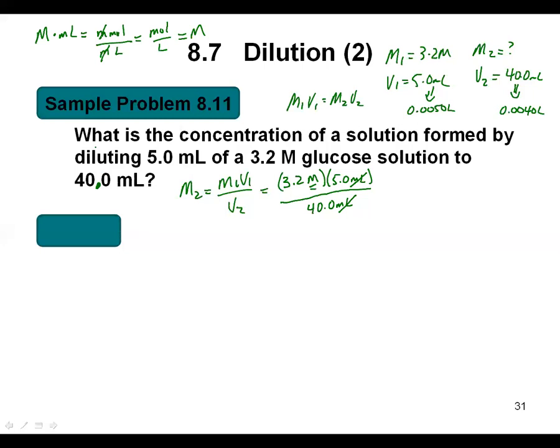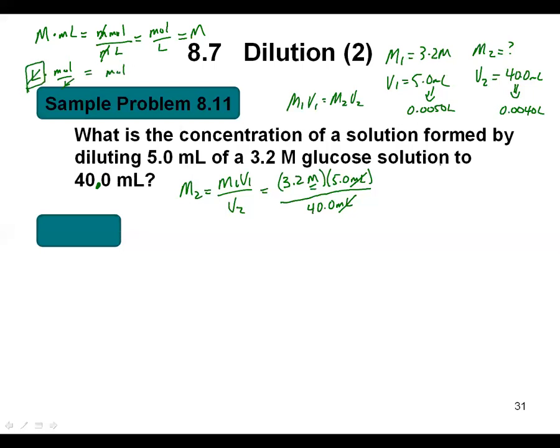You will get the same answer. It's all good either way. But just to be clear, if you're using molarity by itself and you're not doing a dilution problem, you do need to convert to liters. If you're taking liters times the molarity to figure out moles, you do need to convert to liters for sure.